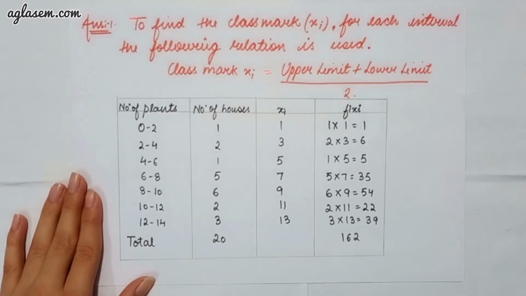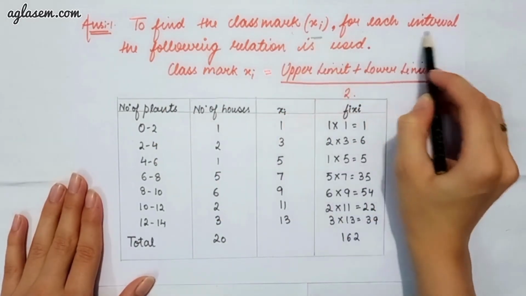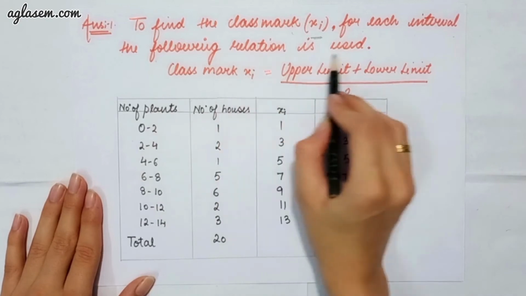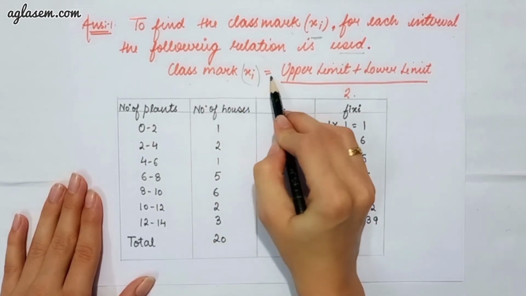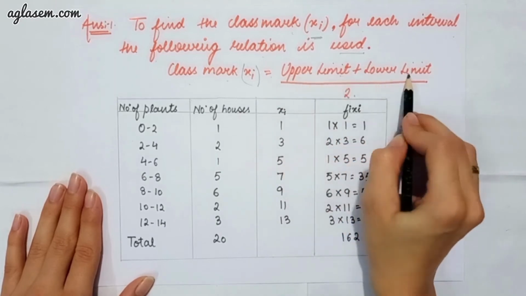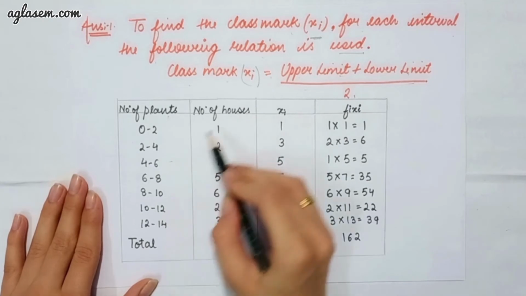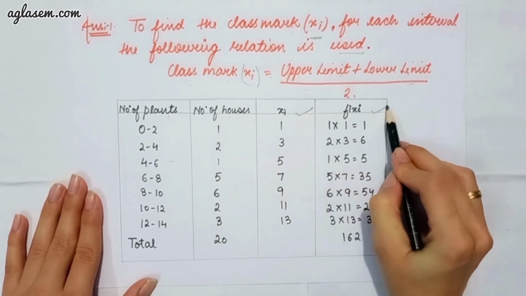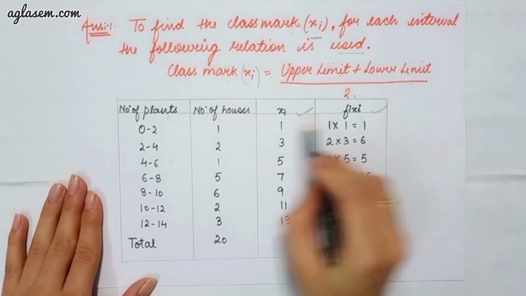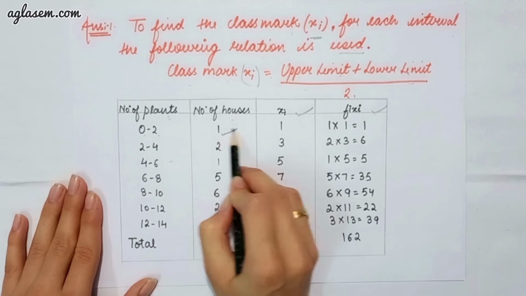So the answer is, to find the class mark, that is xi, for each interval, the following relation is used: class mark xi equals upper limit plus lower limit divided by 2. So here the number of plants and number of houses are given, and we have to find xi and fi into xi. Number of plants from 0 to 2, houses 1.